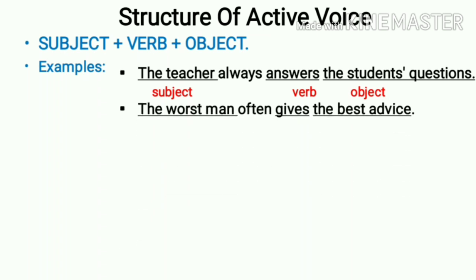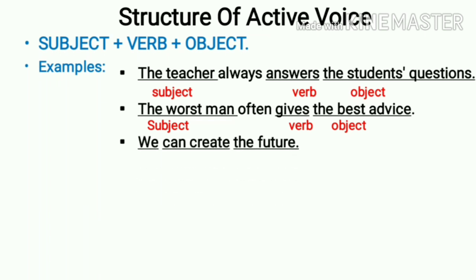The worst man often gives the best advice. In this statement, the worst man is subject, gives is verb, and what he gives? Best advice. So the best advice is object. We can create the future. What is the subject here? We.